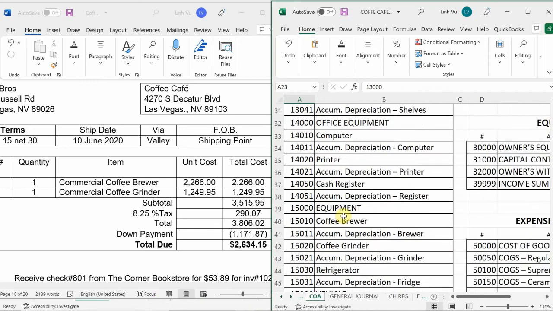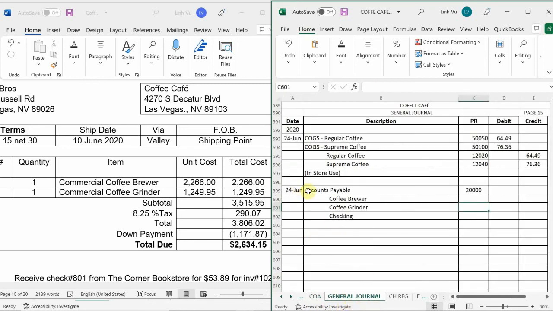Okay, so my coffee brewer is account number 15010, and then my coffee grinder is 15020. Okay, so in this case, we already know that the grand total amount that I owe is $2,634.15.